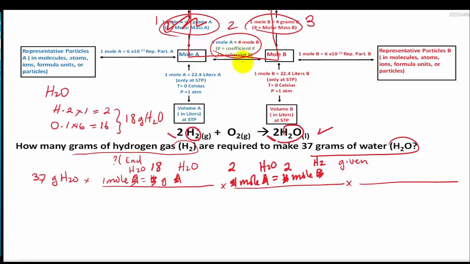So we are done with these conversion factors. We are moving on to the last conversion factor, which is 1 mole of B equal to the number of grams of B. Again, B is the chemical that we are looking for, which is H2, and over here it's going to be H2 as well. But how many grams of B do we have?